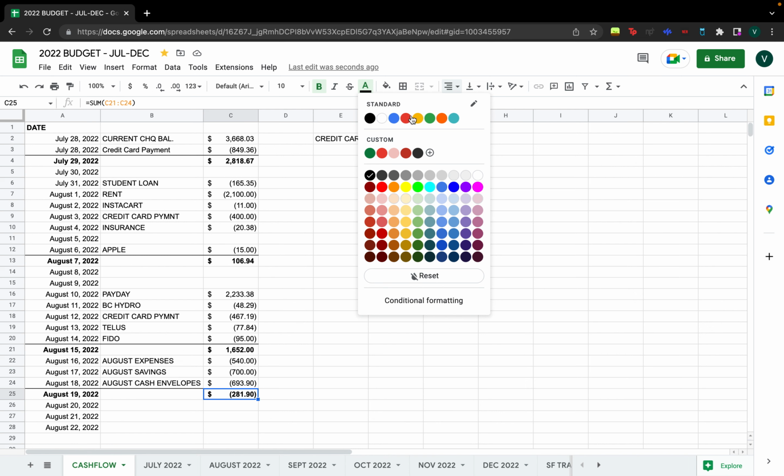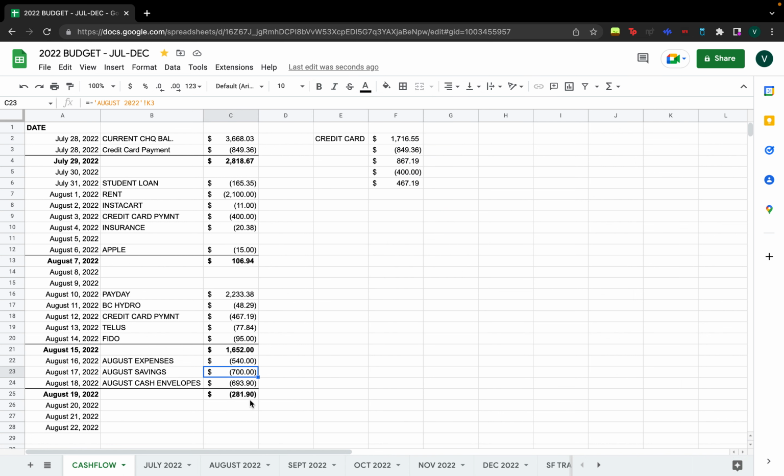So essentially, because this is in red, i.e. it's negative, I'm going to have to decrease my savings for August. It's the only way, because there is no other income coming in here. So I am just going to decrease it by that very amount.